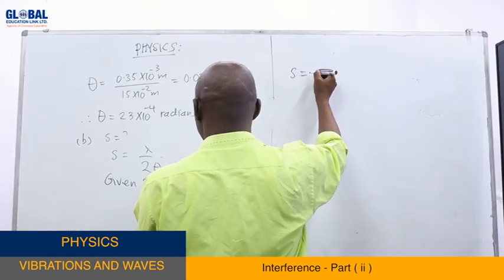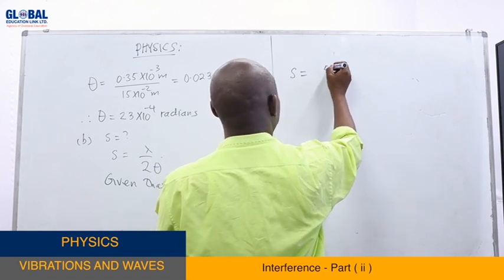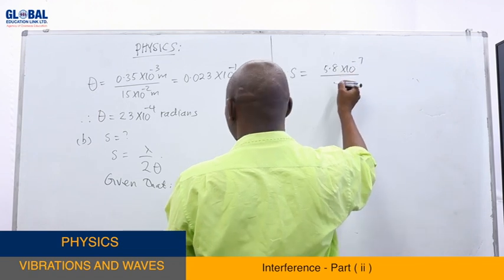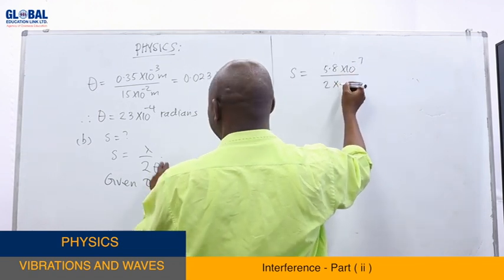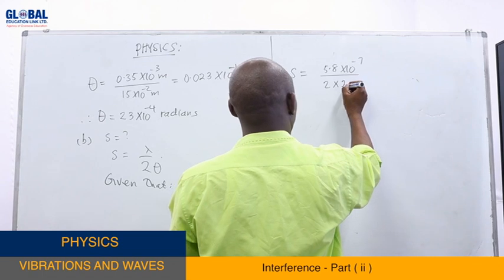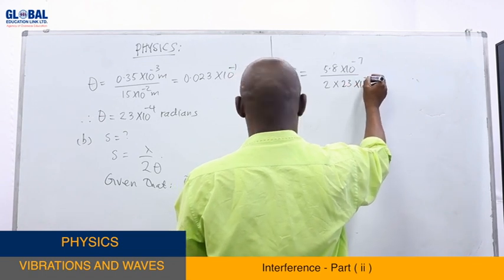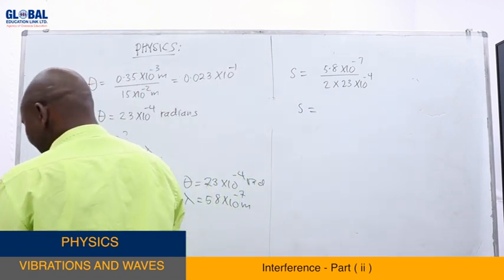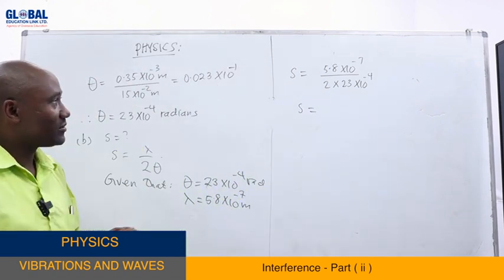S equals lambda, which is 5.8 times 10 negative 7, divided by 2 times this angle, which is 23 times 10 negative 4. So using your calculator, you can find the value of S.